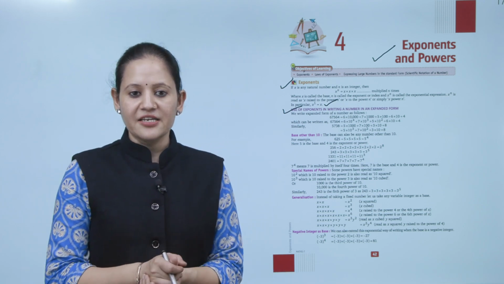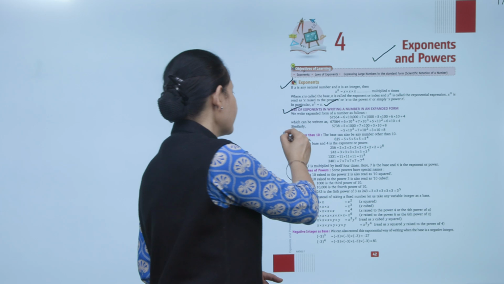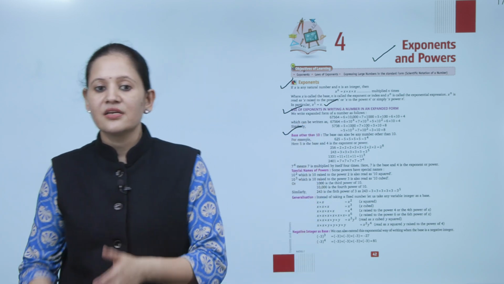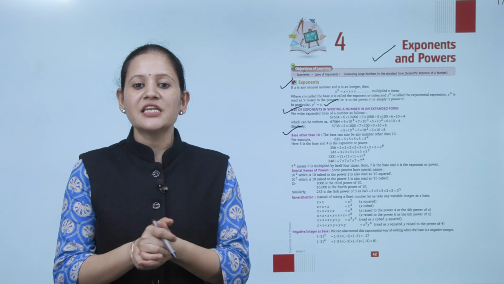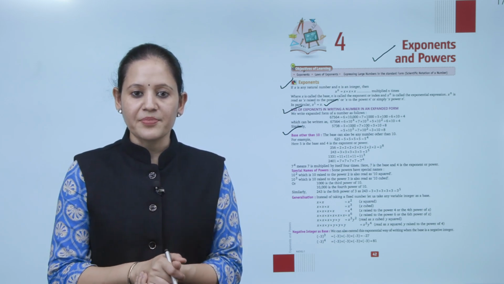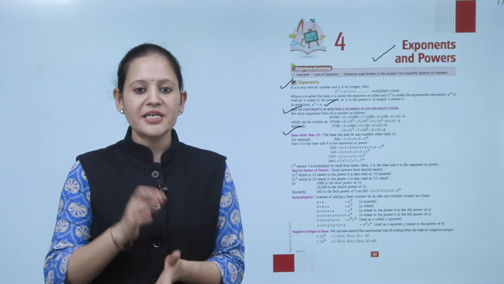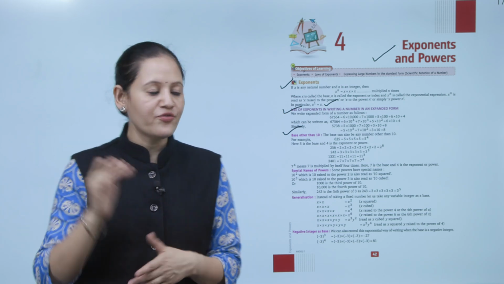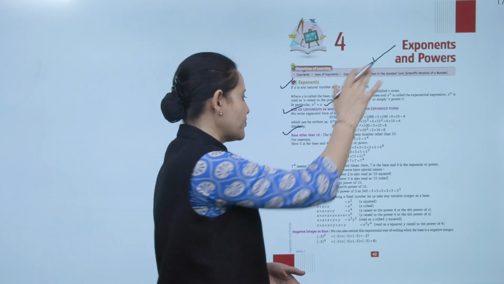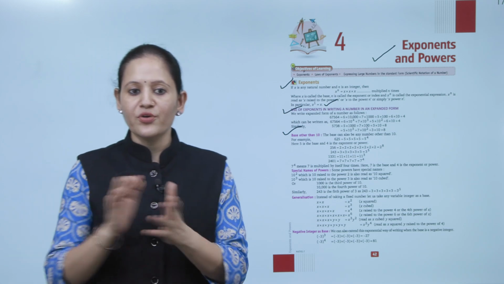Base other than 10. The base can also be any number other than 10. For example, 625 can be written as 5 into 5 into 5 into 5, that is 5 multiplied 4 times, which equals 5 to the power 4.